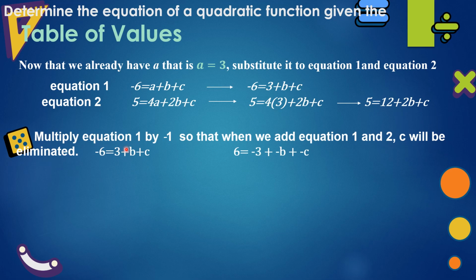Multiply equation 1 by negative 1 so that when we add equations 1 and 2, c will be eliminated. Negative 6 is equal to 3 plus b plus c. Multiply both sides by negative 1 and we will have 6 is equal to negative 3 plus negative b plus negative c. Now add equation 2, that is 5 is equal to 12 plus 2b plus c.